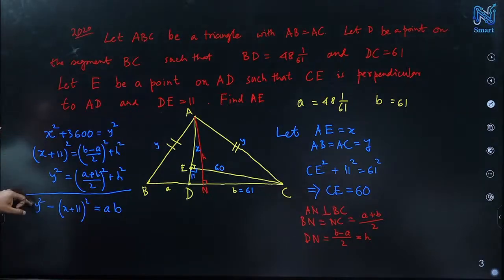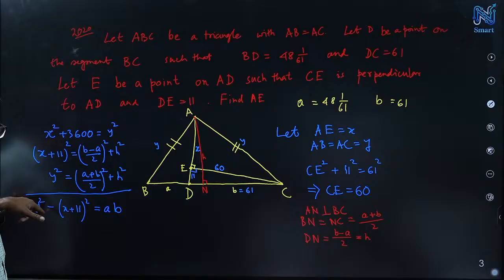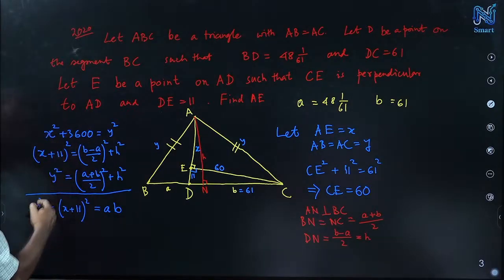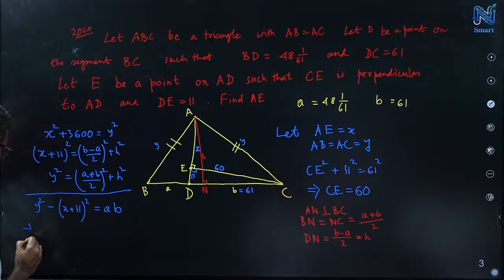Now we have these two. Now what we have to eliminate? You have to eliminate y. So put the value of y here. If you put the value of y here, then what will we get?